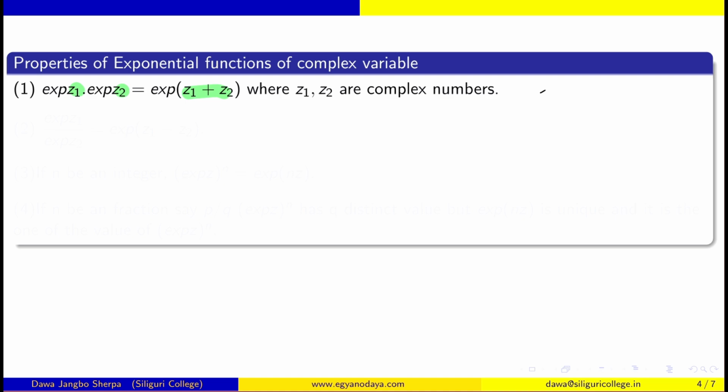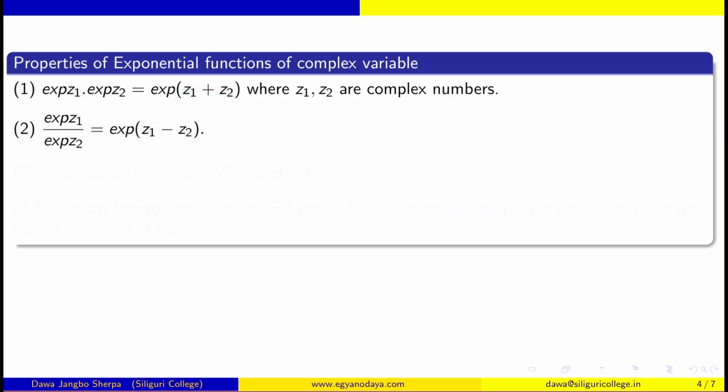We know that for real numbers, e to the power x1 into e to the power x2 can be written as e to the power x1 plus x2. Similarly, in the case of complex numbers z1 and z2, exp z1 into exp z2 can be written as exp of z1 plus z2.